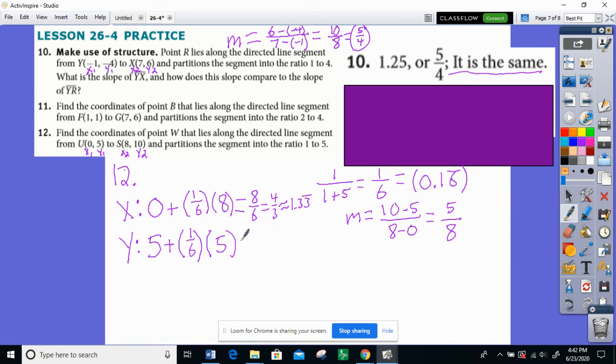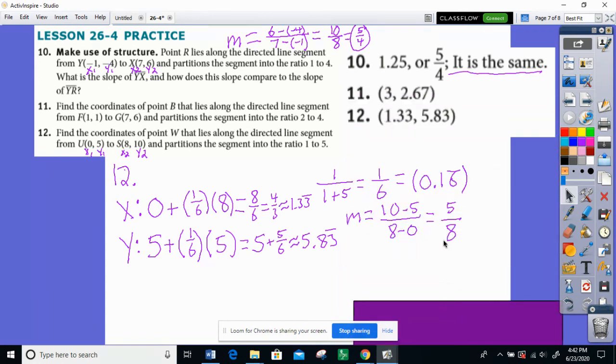So that's going to be 5 plus 5/6, or if we want to round that off to a decimal, that would be 5.83 repeating. So that gives us the x and y value for point W here in number 12.